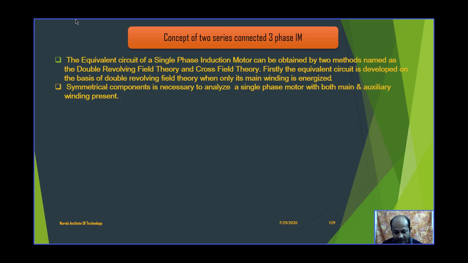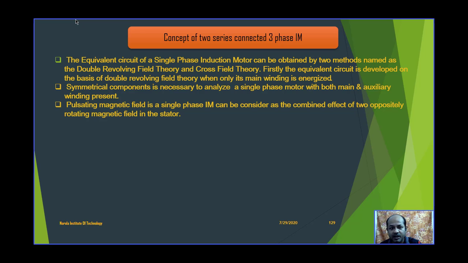Similarly, by using cross field theory, we can also develop the equivalent circuit, but in that case we have to use symmetrical component analysis, which is not in the scope of our syllabus. This is for higher study, so we will limit our study to the double revolving field theory.